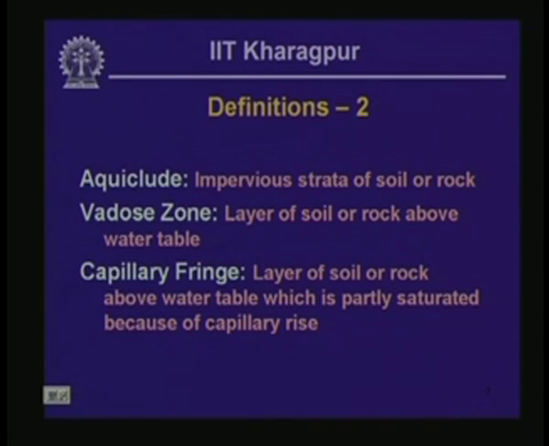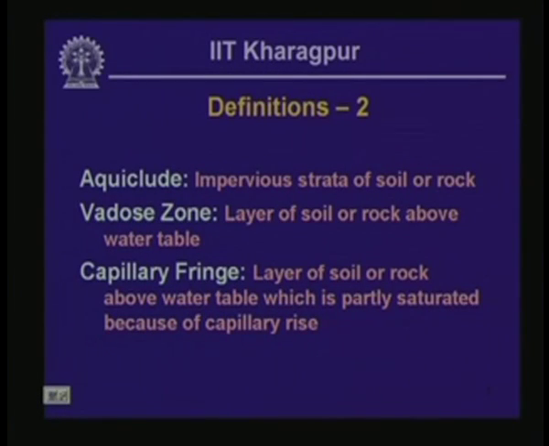More definitions. Definition of aquiclude. Aquiclude is essentially an impervious stratum of soil or rock through which no groundwater flow can take place to any practical extent.